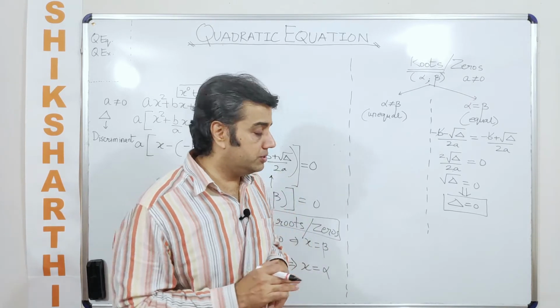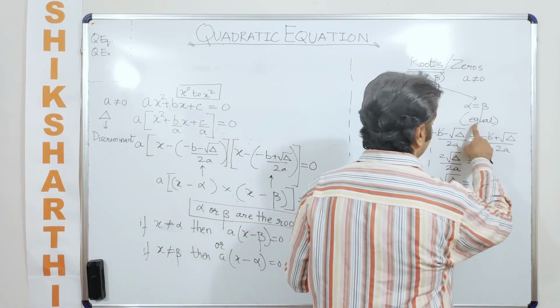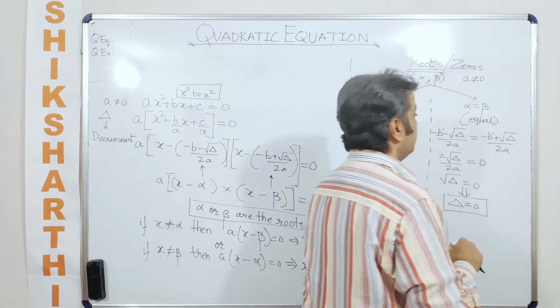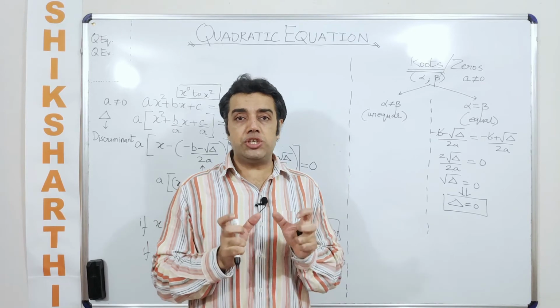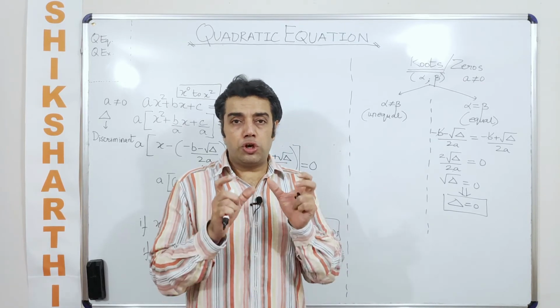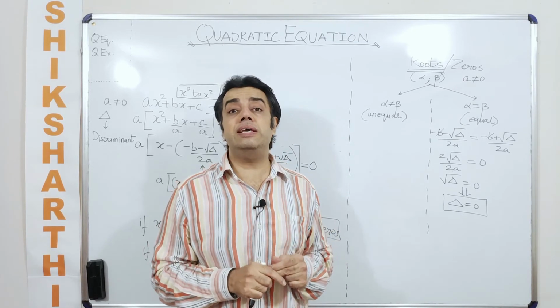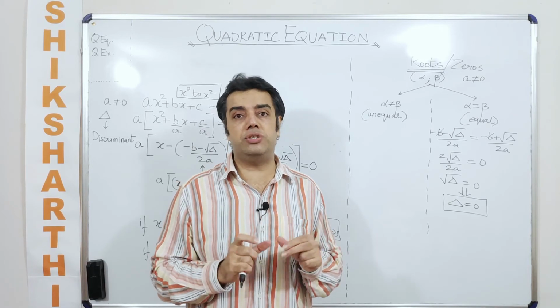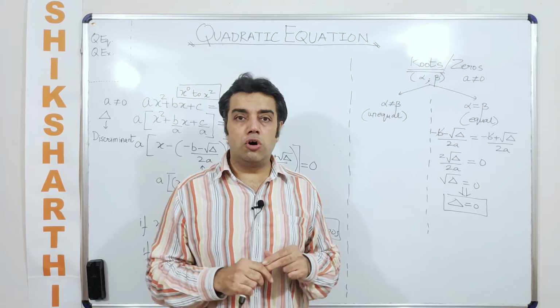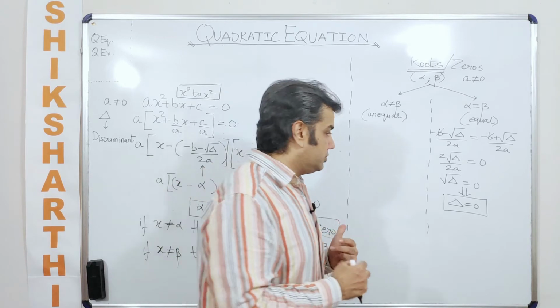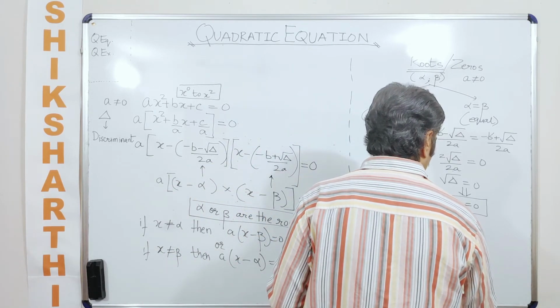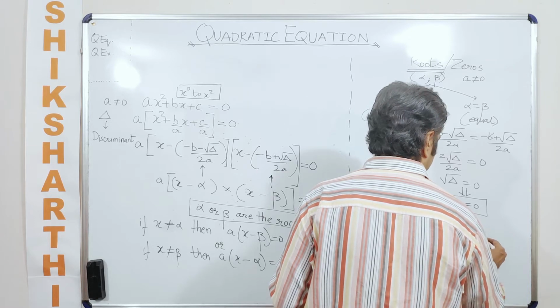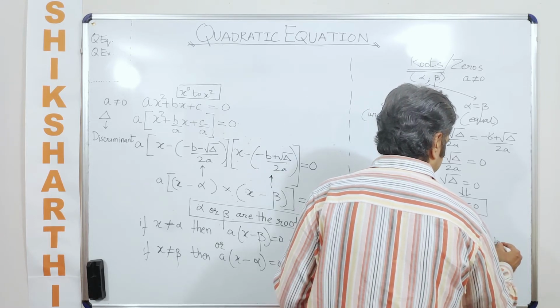I mean, what I intend to say here is, you talk about the roots being equal. When do we talk about the roots being equal? When we say that their measure is the same. So you talk about the measurement only for real numbers, not for imaginary or non-real numbers. Which is why eventually this becomes a condition for real roots or real zeros.